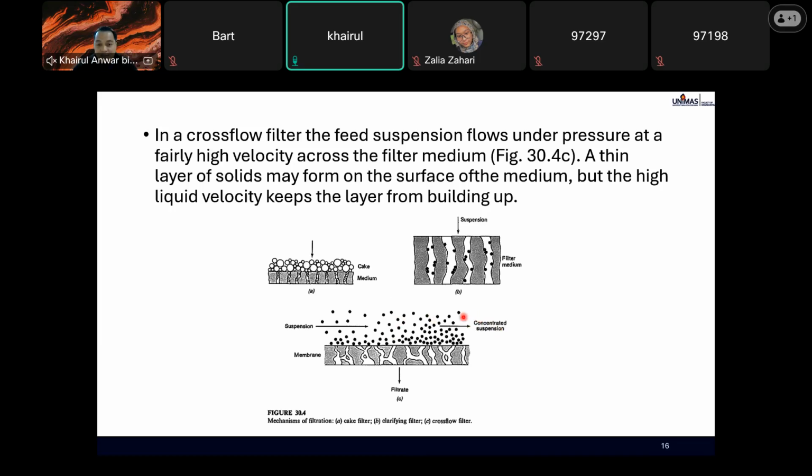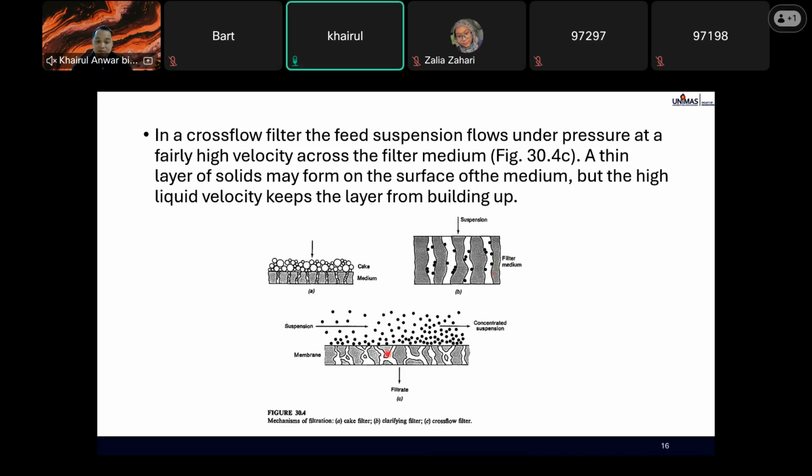So over time, the retentate will be increasing in concentration. Some of the material cannot pass through, only the liquid can pass through. A thin layer of solid may form on the surface of the medium, but the high velocity keeps the layers from building up.